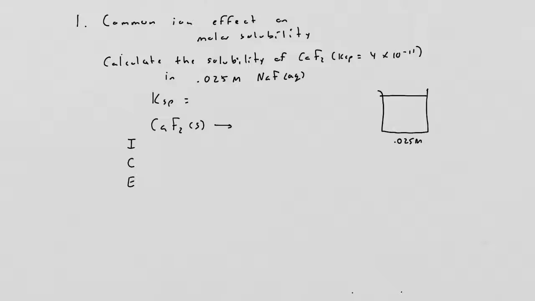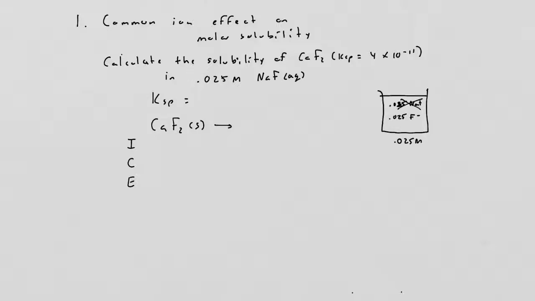Group 1 metals can make pretty concentrated solutions, so sodium fluoride or chloride or any group 1 halides are going to be very soluble. So basically, you can assume that you have 0.025 molar concentration of Na+ and 0.025 molar concentration of F-. We don't care about the Na+. It's merely a spectator in the process because it's not going to be part of the expression.